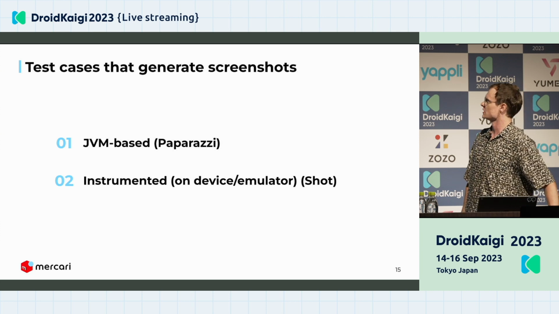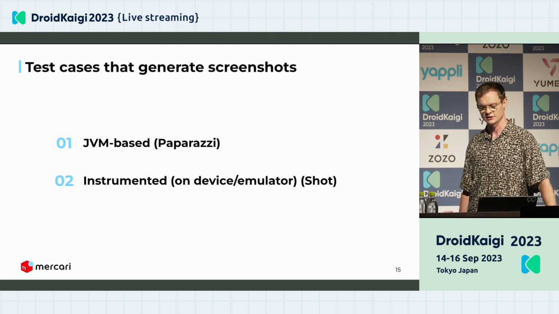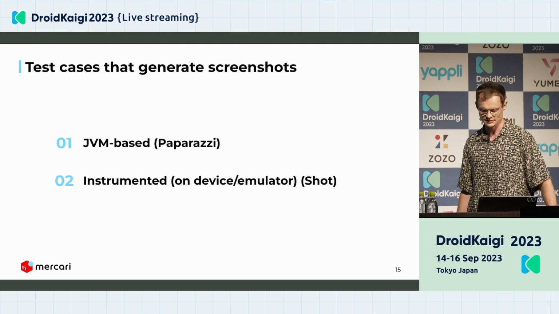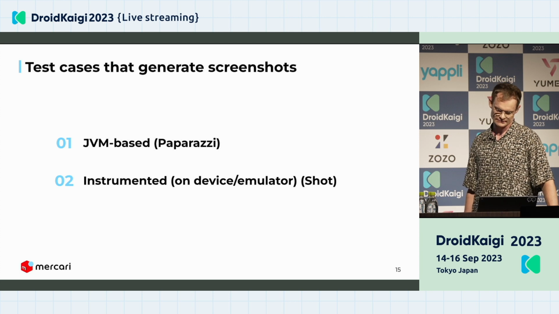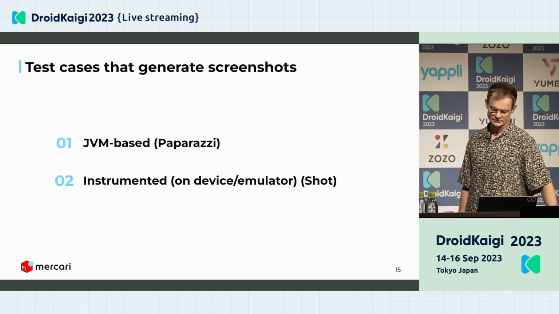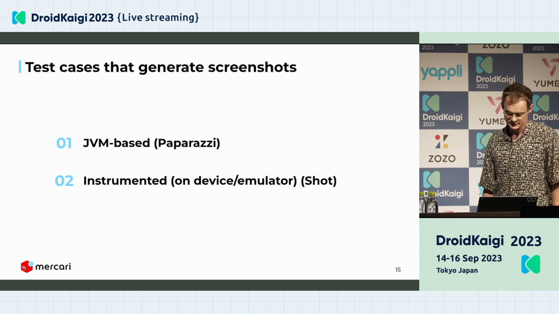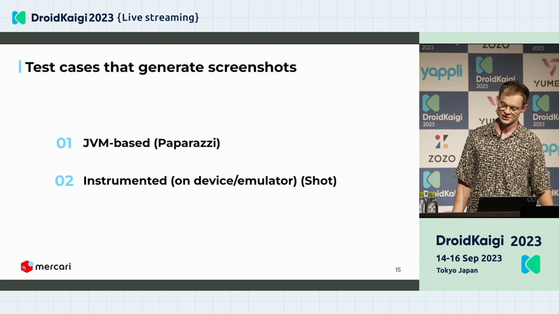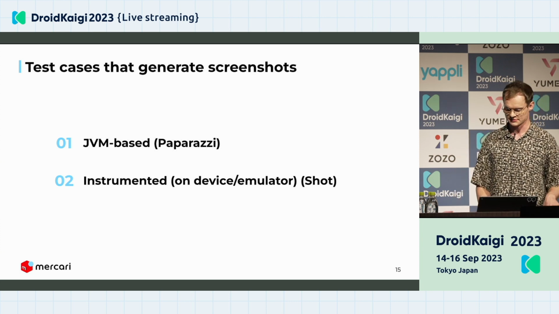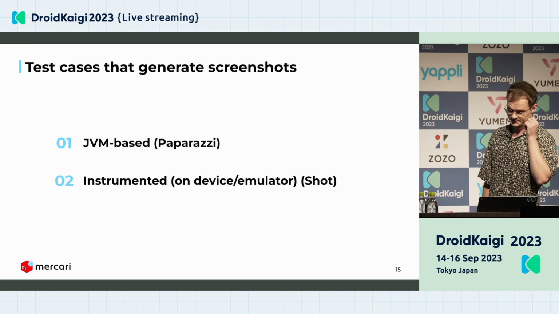What I mean by that is tests that run locally on your computer, like unit tests or traditional integration tests. There's no emulator or device needed here. The most famous example is a framework called Paparazzi. And then there are also frameworks that actually run on an emulator or device to generate screenshots. In this case, we looked at a framework called Shot.